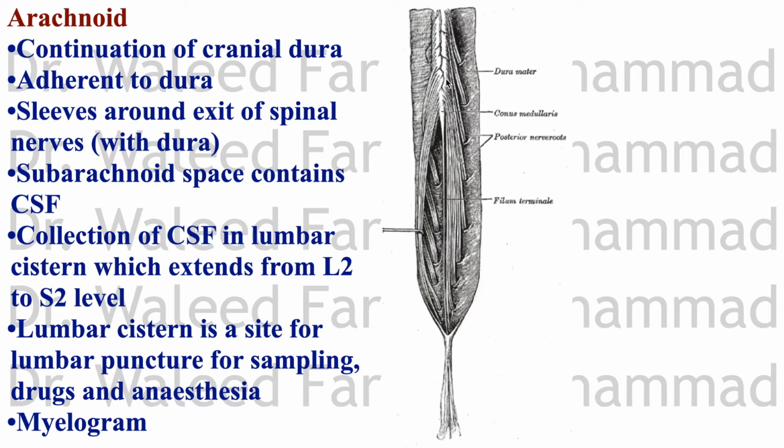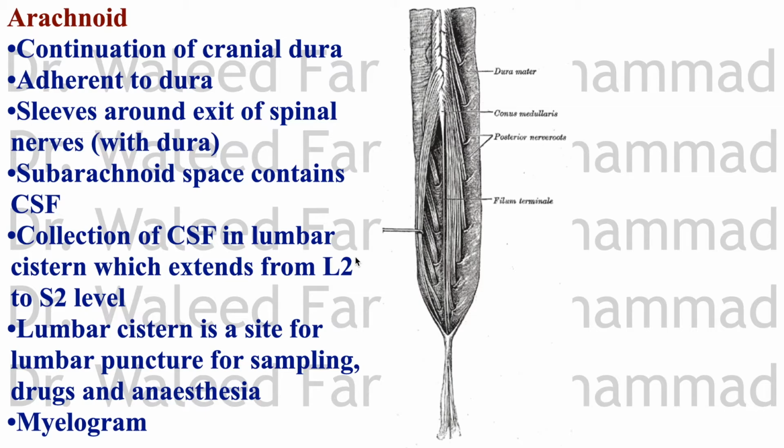Since the spinal cord ends at the level of L2, between it and S2, the site of fusion of the arachnoid and dura, there is a space filled with the cauda equina floating in CSF, a collection of CSF. This is called the lumbar cistern, which extends from L2 to the level of S2.